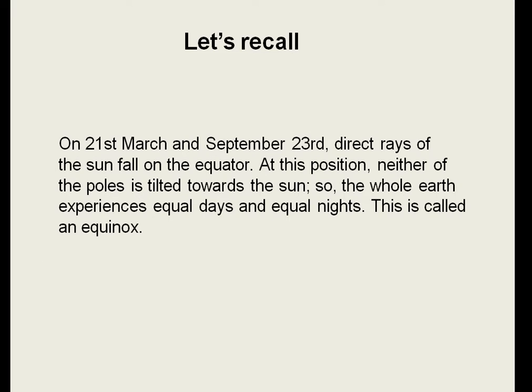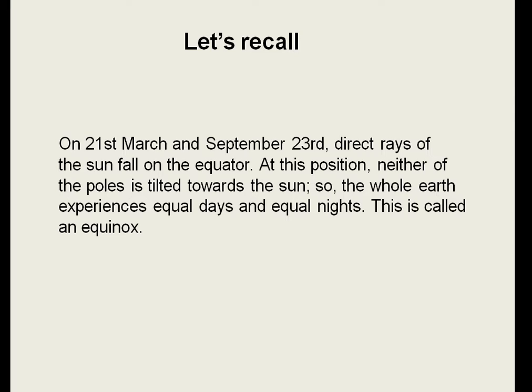Let's move. On 21st March and 23rd September, direct rays of the sun fall on the equator. At this position, neither of the poles is tilted towards the sun, so the whole earth experiences equal days and equal nights.